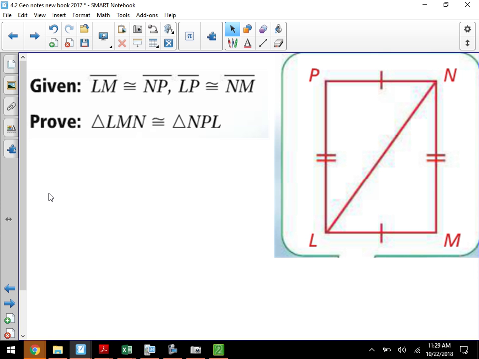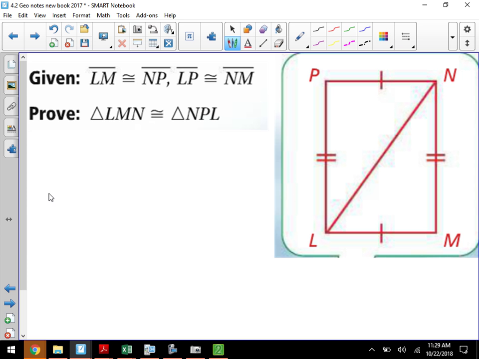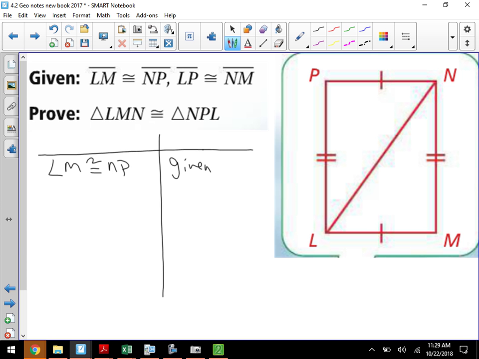So when we have diagrams like this, not always will they be already pre-marked. Sometimes you actually have to mark them. But when we start to do our proofs, we just go with statements and reasons, just like normal. And you start. LM is congruent to NP. That was given. The diagram is marked. There's no progression from that.